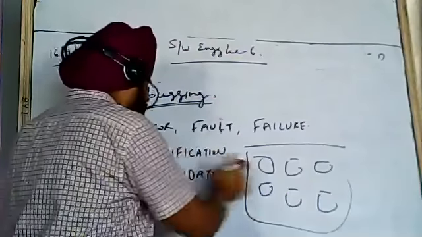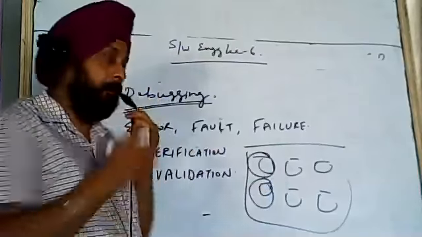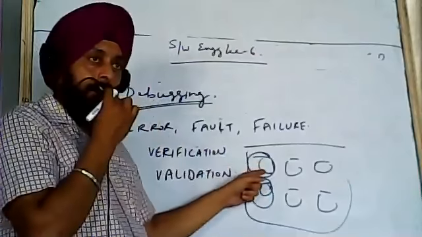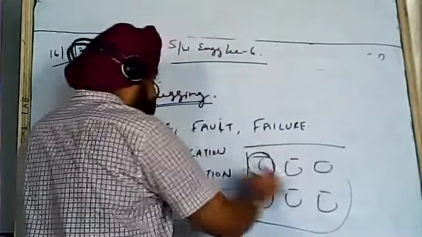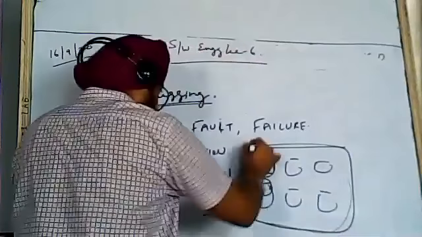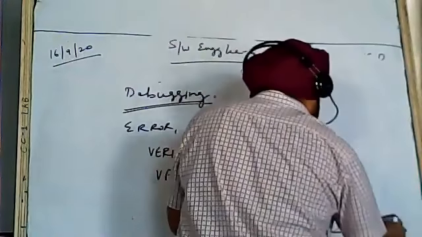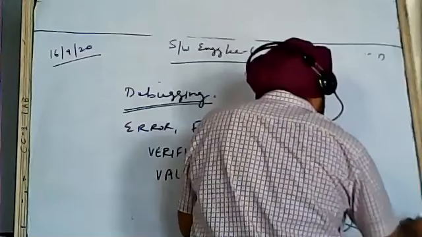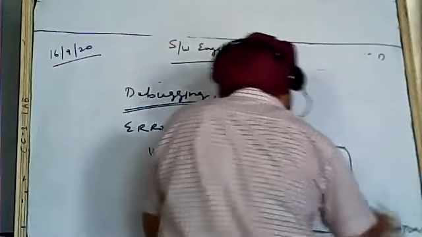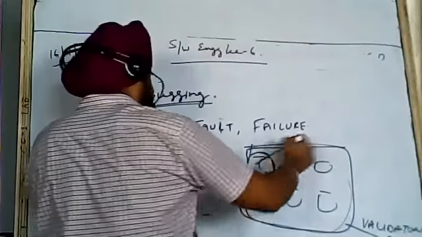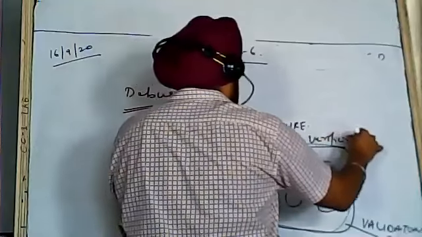Verification means you have to check each module properly, find any errors, and remove them. Validation is done after all the verification has been done. Then you see whether the overall product is working properly and is error free. Checking each and every module for its working is verification.